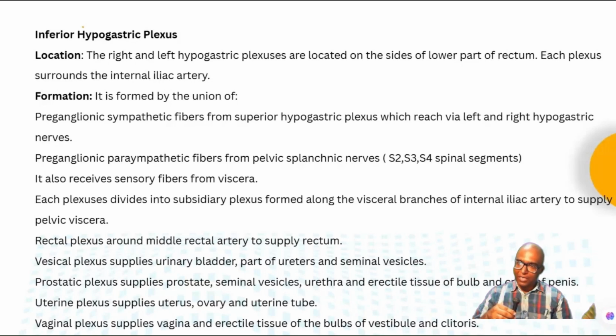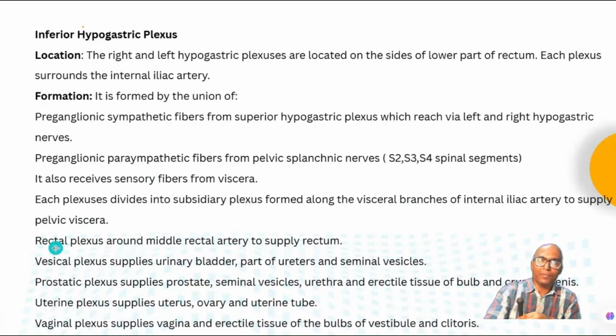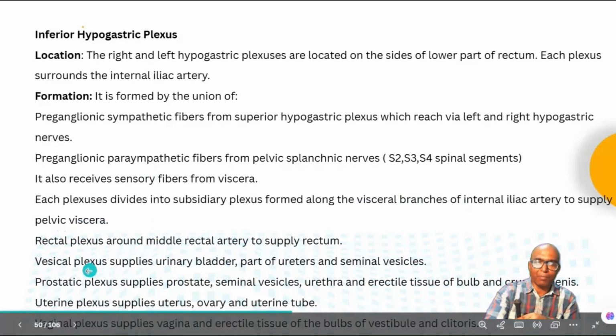Sympathetic is coming from the superior hypogastric plexus, and parasympathetic is coming from S2, S3, S4. This will further divide into various subplexuses: the rectal plexus will supply the rectum, then vesical plexus, prostatic plexus, uterine plexus, and the vaginal plexus, and they will supply the corresponding organs.